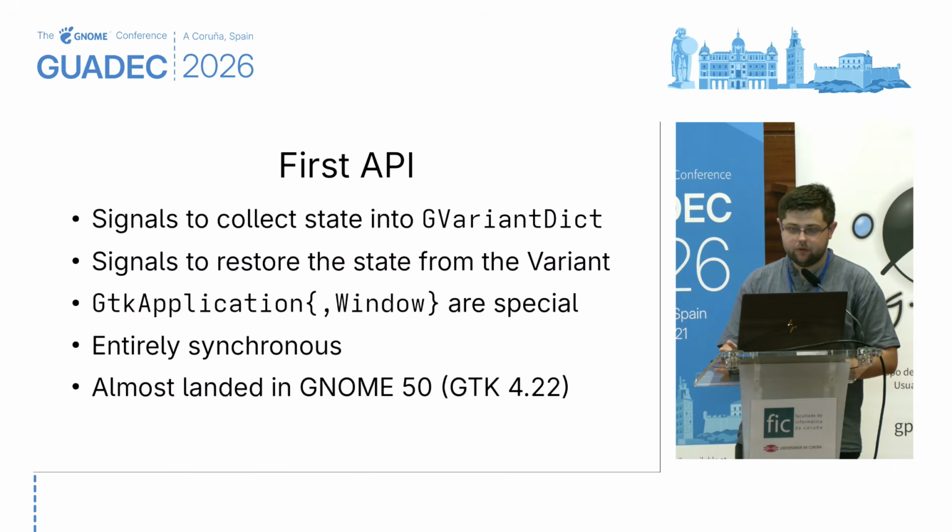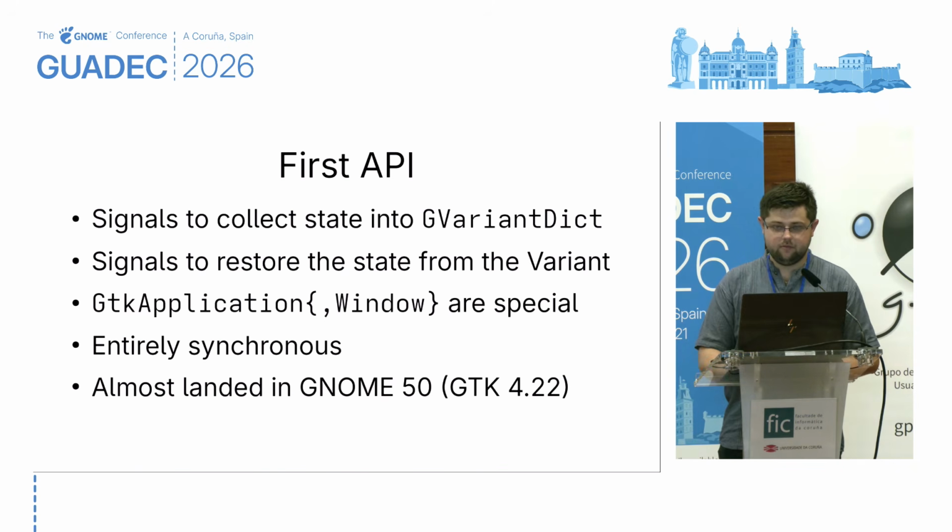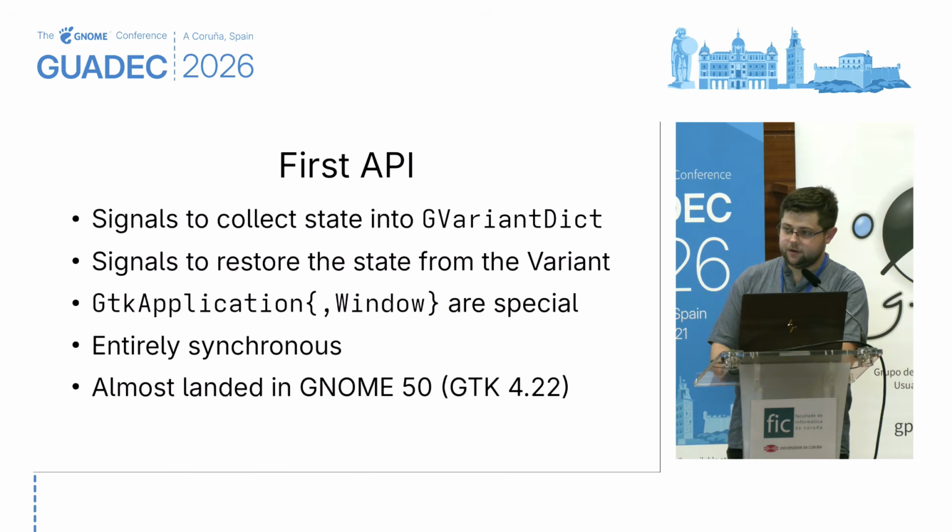So given that overview, we have the first API that made it into GTK. And this one was quite simple. We have signals to collect state into a GVariant dictionary, and that is our method of serializing the state. And then we have signals to restore the state from the variant into the app.